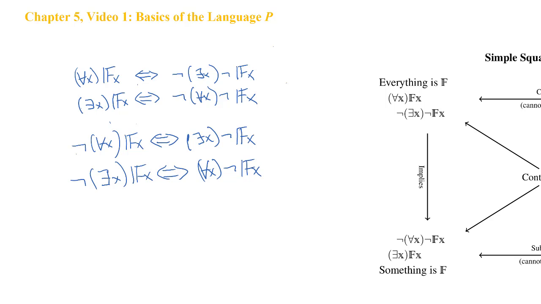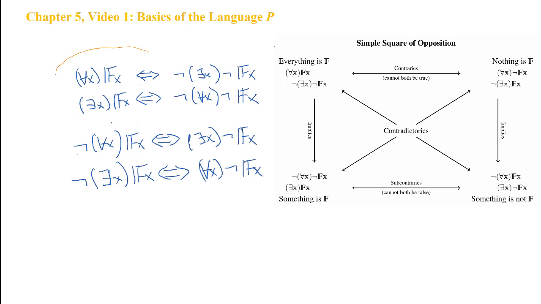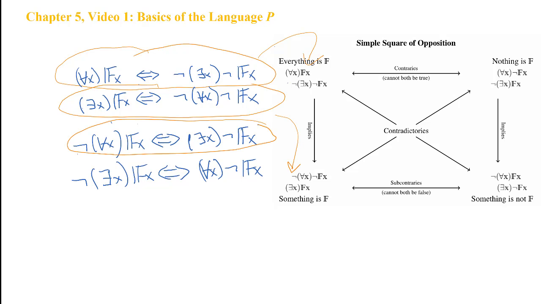And that actually is the right-hand side of the square of opposition we've just been looking at. That is to say, each of these equivalences corresponds to the equivalence in one of the corners of the square of opposition.